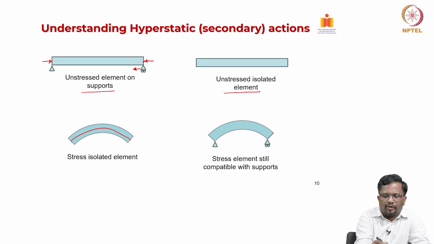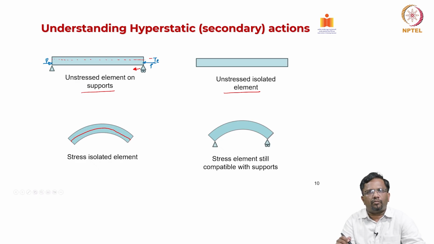Let us say your CG is here, and you have some eccentricity, and this is your eccentricity e. However, for statically determinate systems, we have seen that due to the application of pre-stress, I am not going to develop any additional reactions. So, the secondary moments produced will be 0.